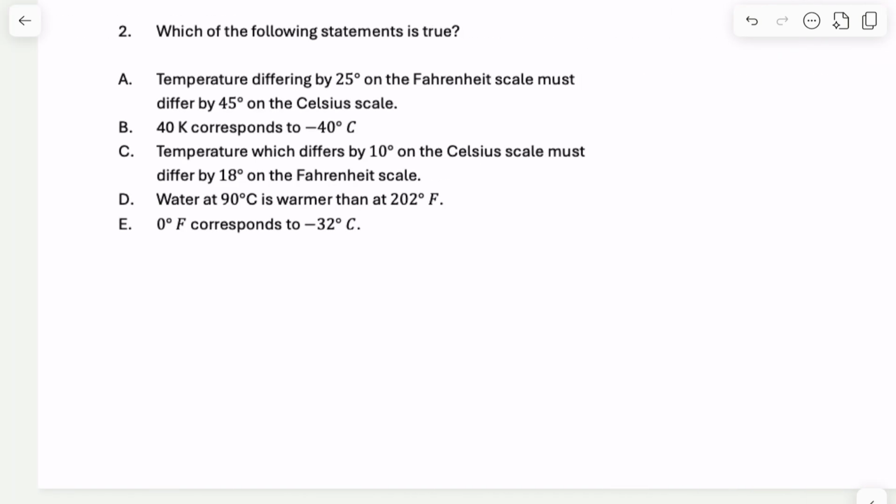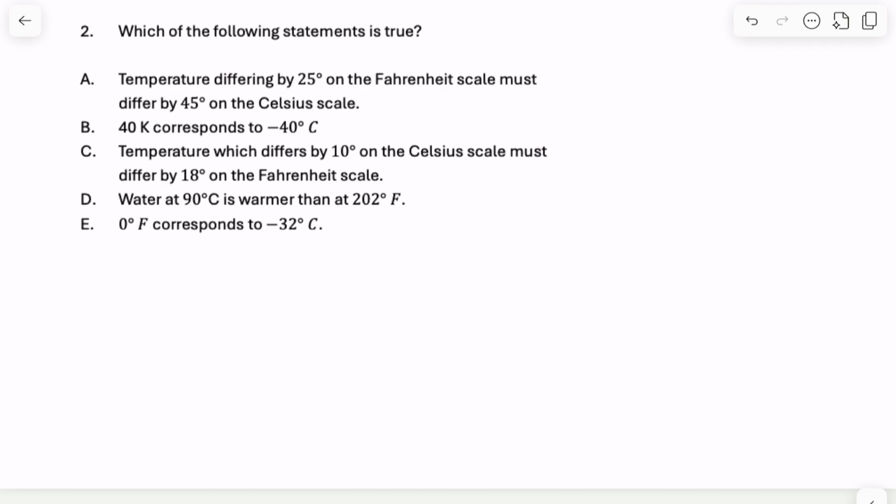For number 2, which of the following statements is true? Basically, we just have to do a quick review on how we get the temperature scale conversion. If you take the ratio of the Fahrenheit with respect to the centigrade or Celsius, the boiling point of water in Fahrenheit is 212, the freezing point is 32, and in Celsius that is 100.